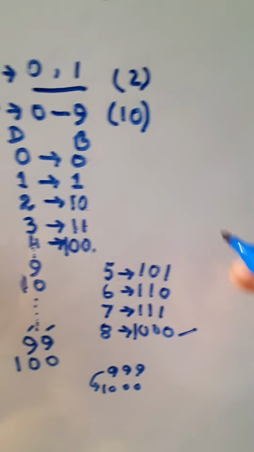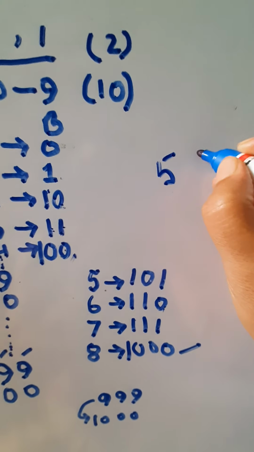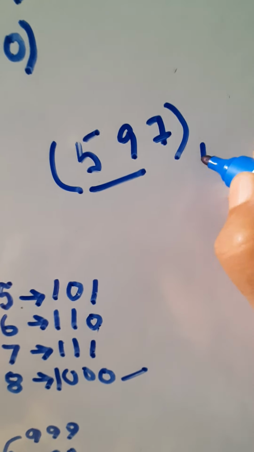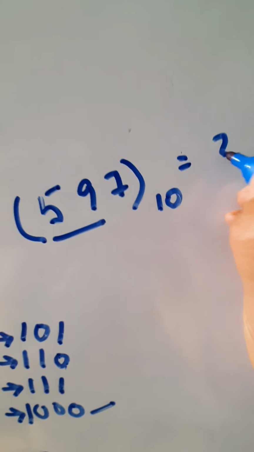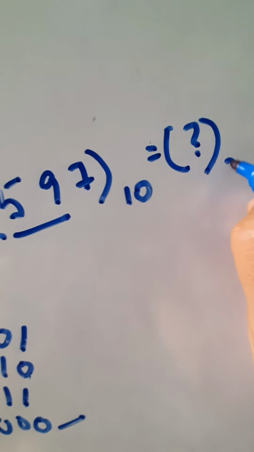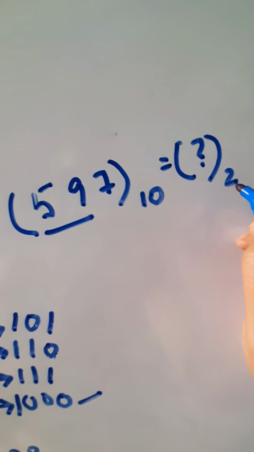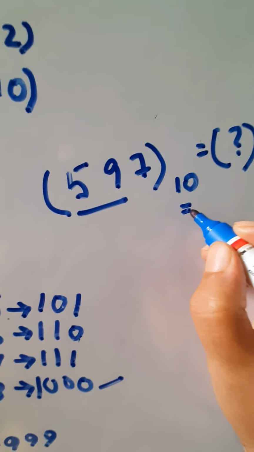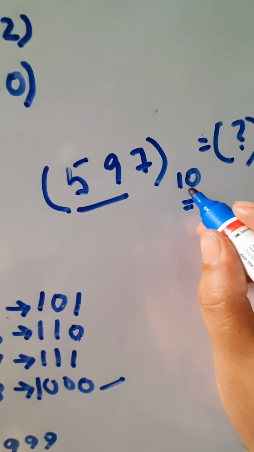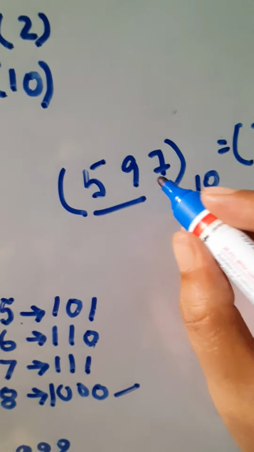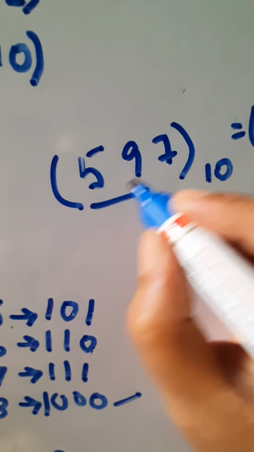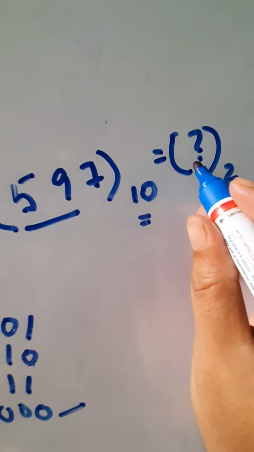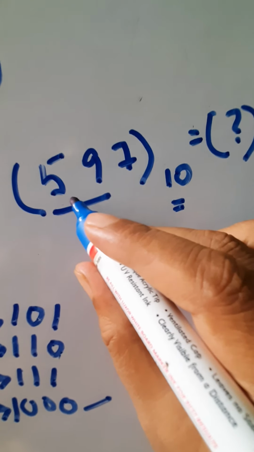This is very clear, but we have to find a good way to find the equivalent of any given decimal number. Like if you are given the number 597 in decimal, what number is it in binary? 2 is the base of binary numbers, because there are two numbers, 0 and 1. 10 is the base of the decimal number system. If 10 is the base, then the number is given in decimal form, and if 2 is given, you are asked to find the binary number equivalent to this decimal number.